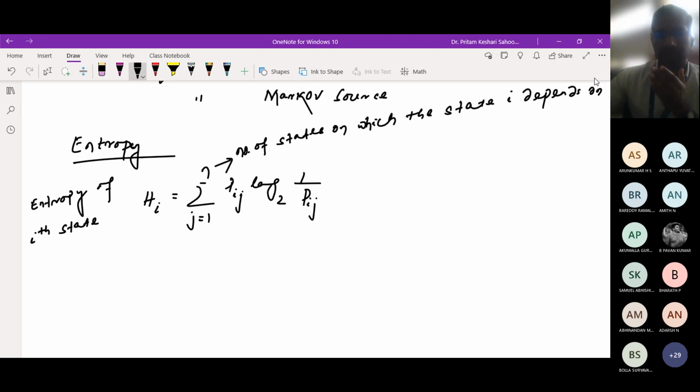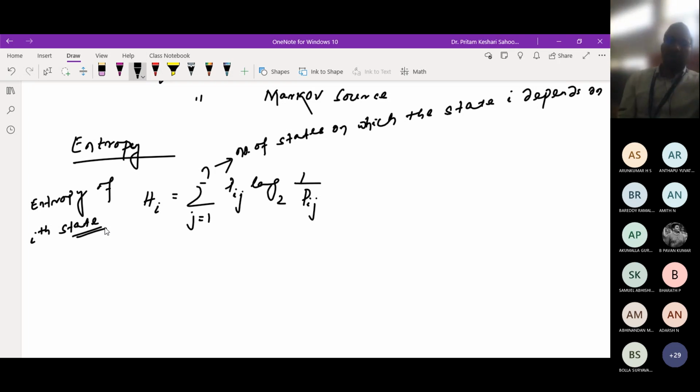So what we are calculating, we are not calculating the entropy of the source, we are calculating the entropy of the state. Keep it in mind, very carefully understand. We are not calculating the source entropy. We will calculate the individual entropy of each state. And finally, we will calculate what is the entropy of the source. So in case of a Markov process, each state is dependent on the previous some number of states.